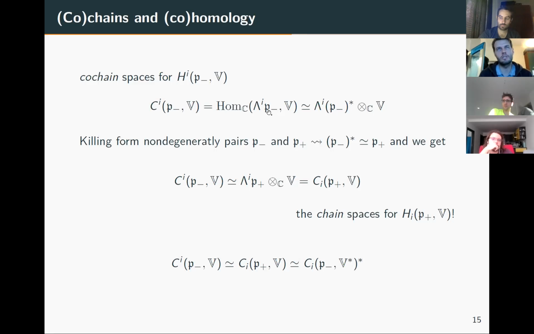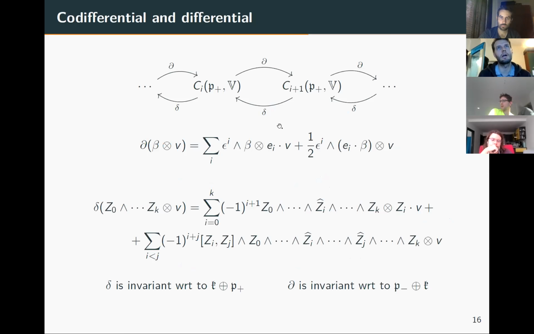The formula is the same as for de Rham. So if you transport this operator over the isomorphism, you get this. The homology differential is kind of dual to that. You take out one of the elements in the wedge and act with it on your coefficient V, and then you take out two of them, and that's it.